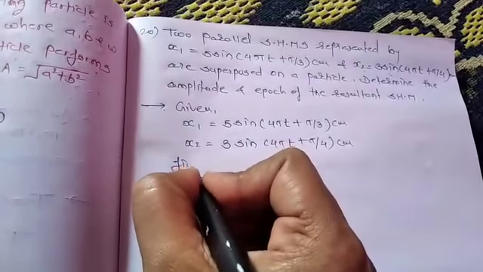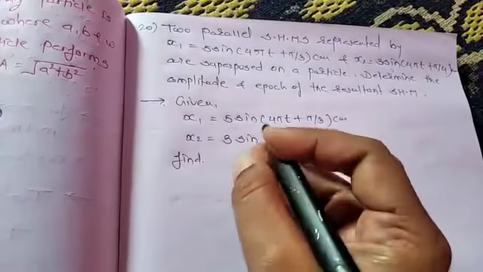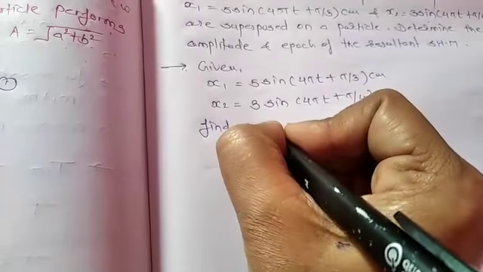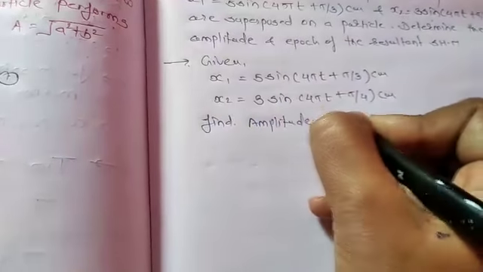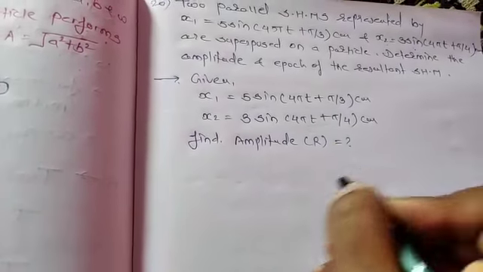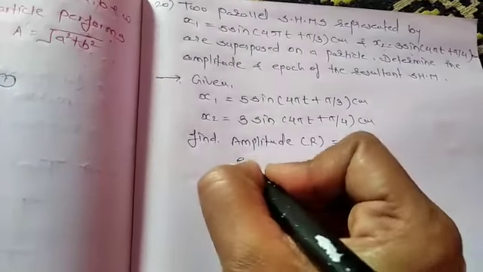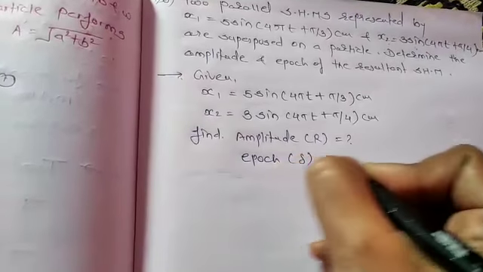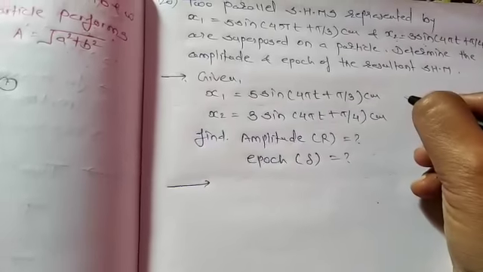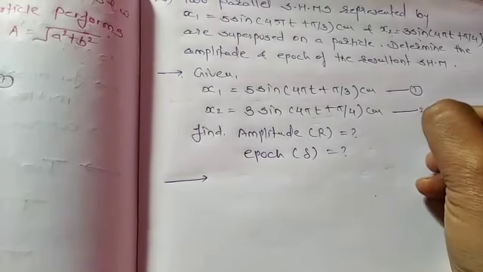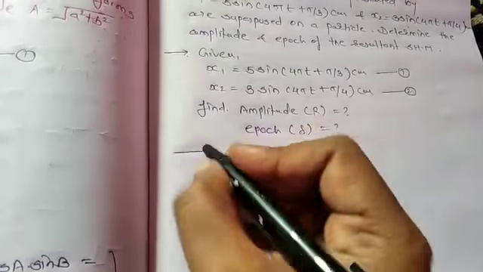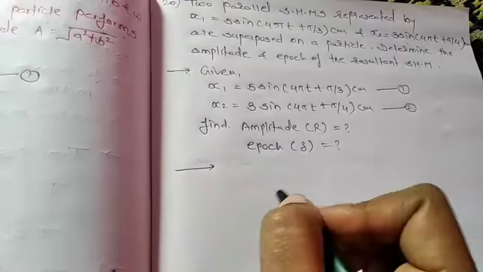What we have to find: the resultant amplitude, say R, and the epoch, which we will take as delta. So let us solve. We will write this as equation number 1, and this as equation number 2.